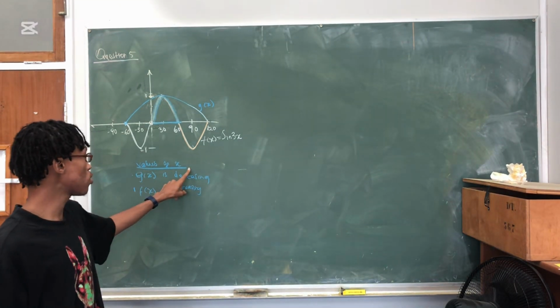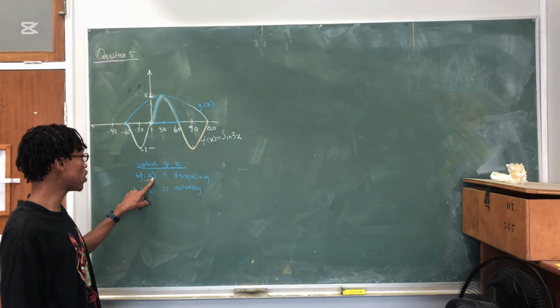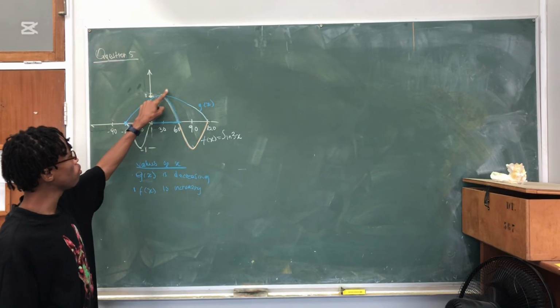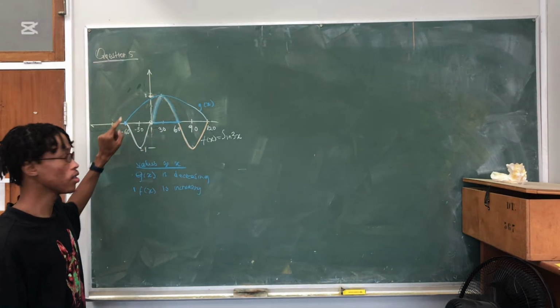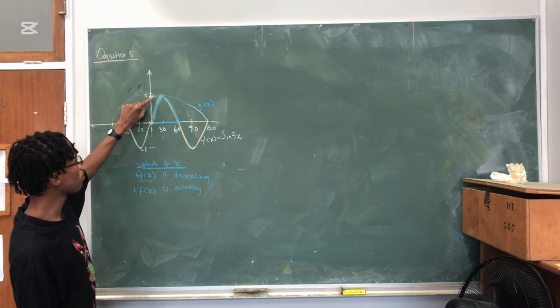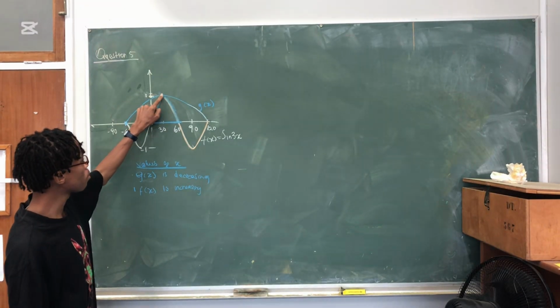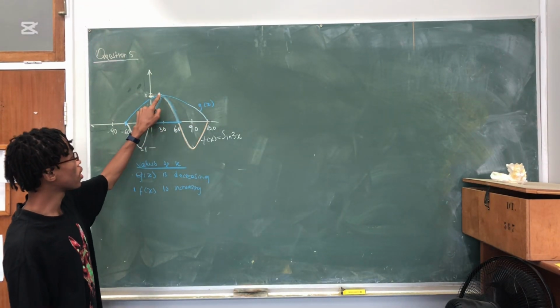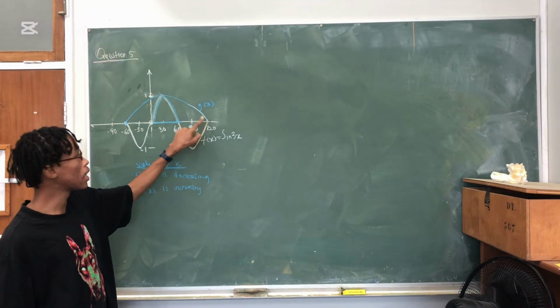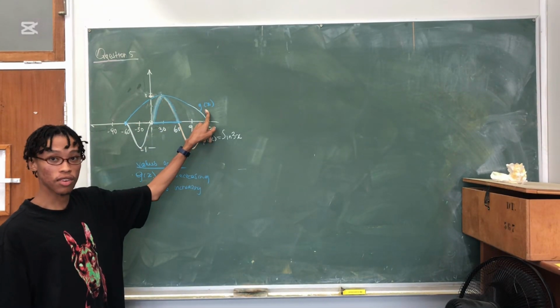We're looking for the values of x for which the y values of the g of x function, of the blue function, are decreasing. So when we look at the g of x function from this point to that point, the y values are increasing. But from this point to this point, the y values are decreasing. This is a point that we're interested in for the g of x function.